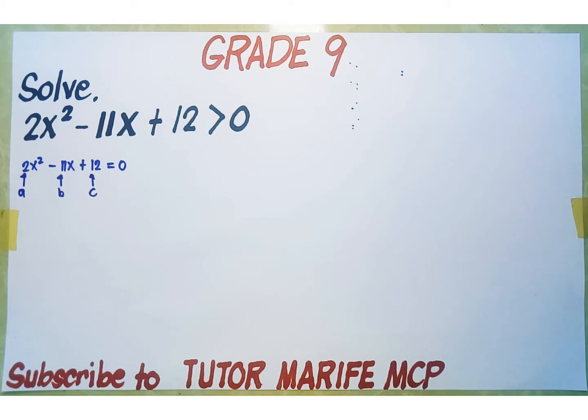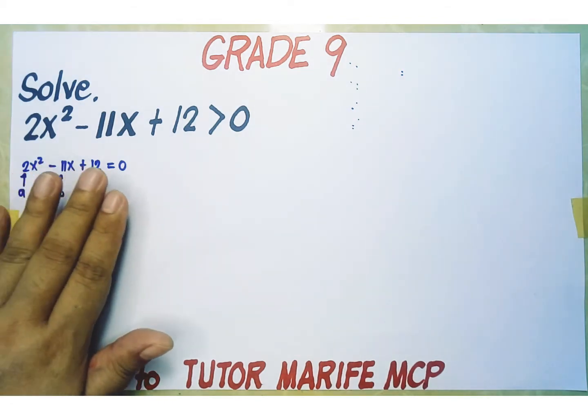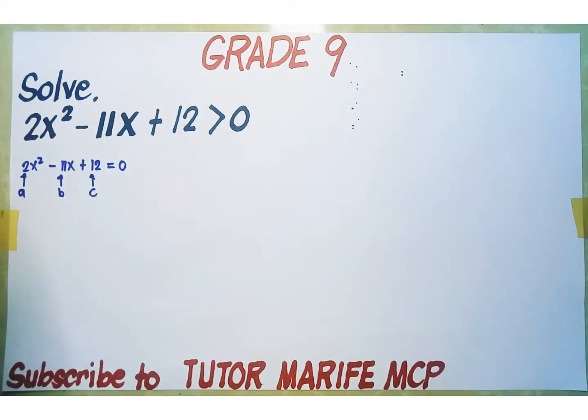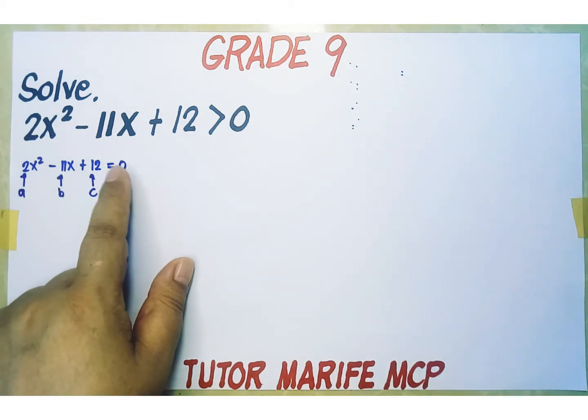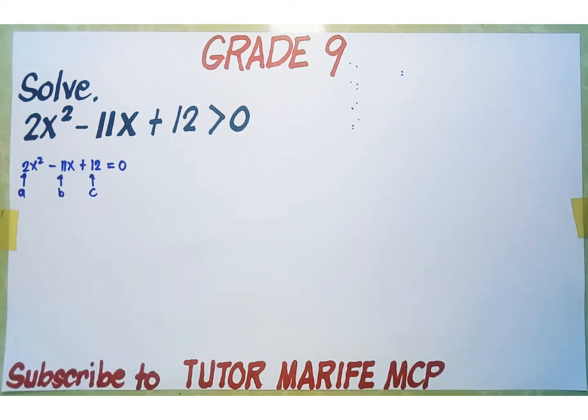Standard form, all the terms are collected or written on the left side and the right side is 0. If there's a need to put all the terms on one side, you do that first, okay?